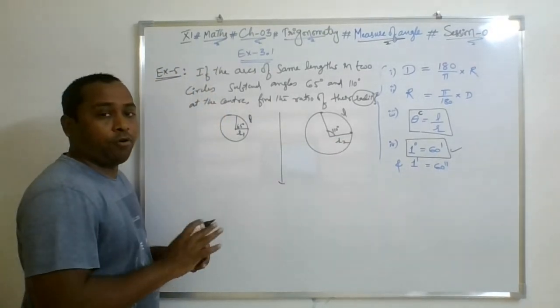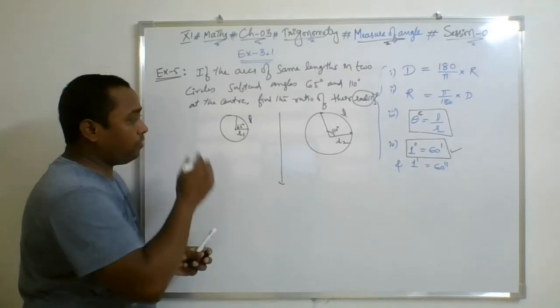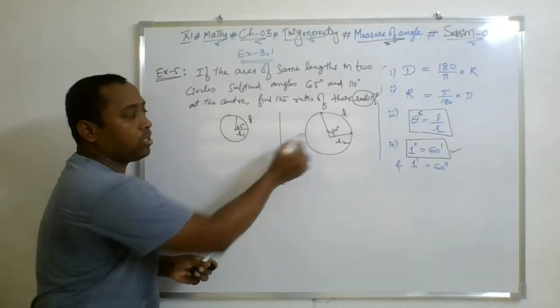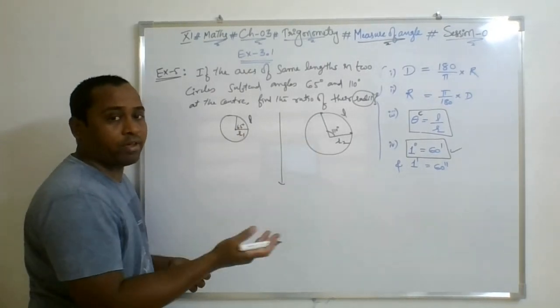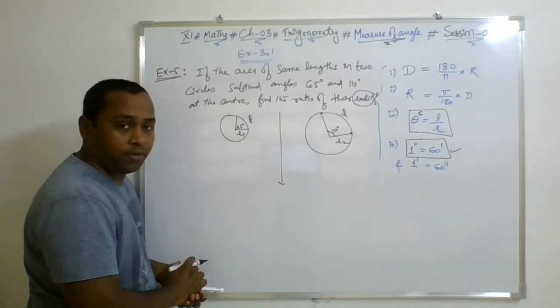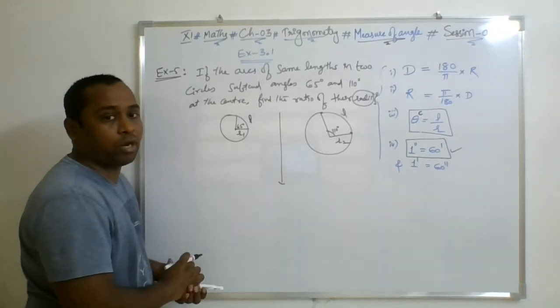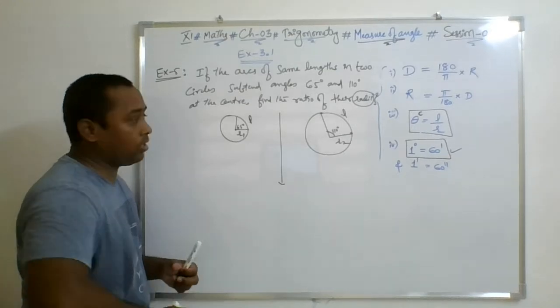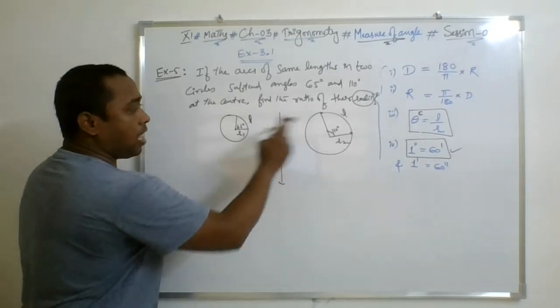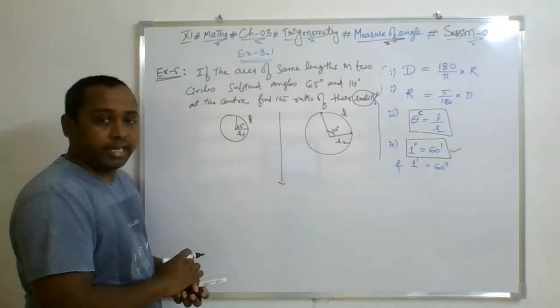But before getting into the question, we require these angles in radian terms. That's why we need to convert them into radians first. Then only will we use our formulas to get the ratio. So here the central angles are given in degrees.